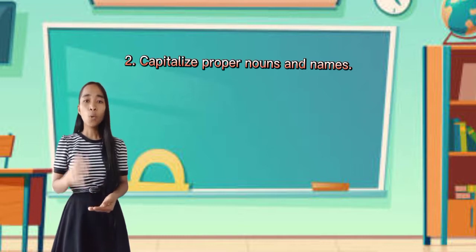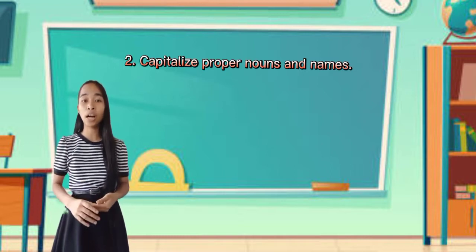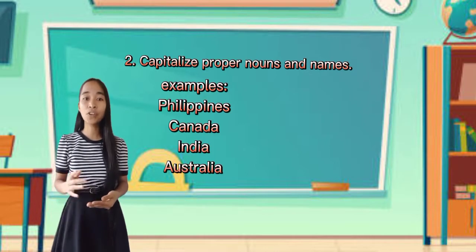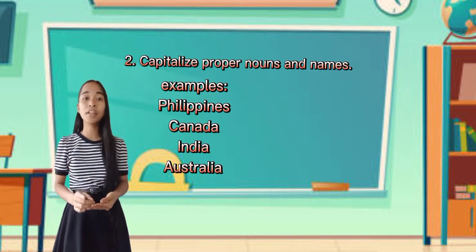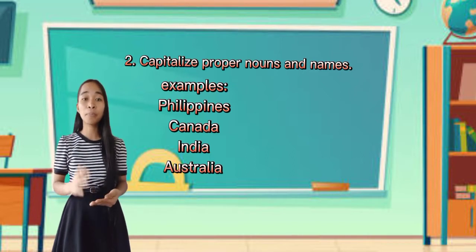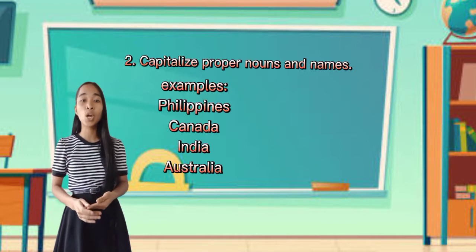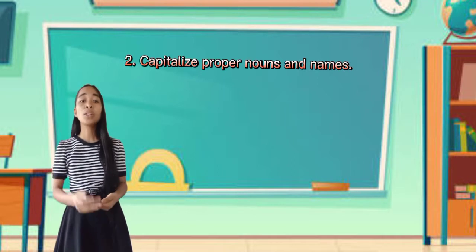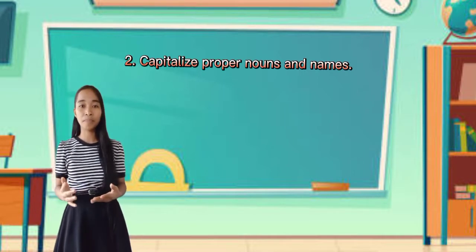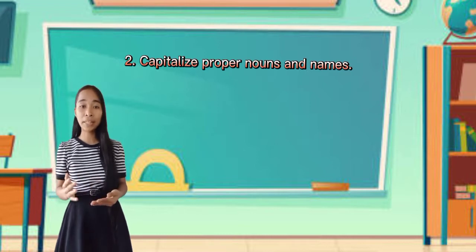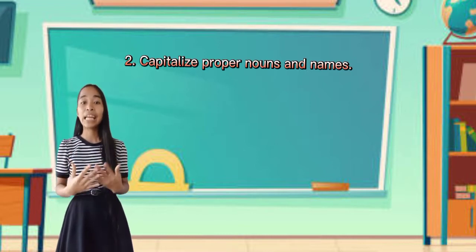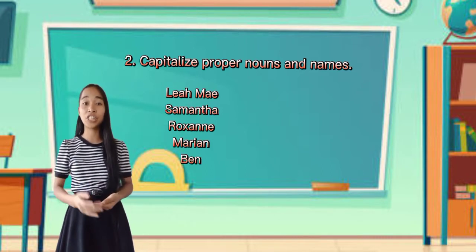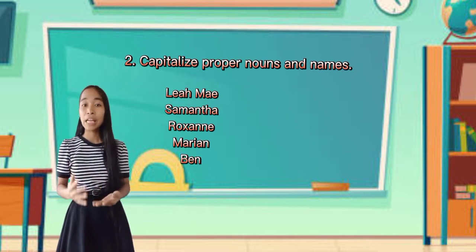Example, when we write the name of a country like Philippines, Canada, India, Australia, we should always remember that a proper noun should always begin with a capital letter. Another example, when we write our name, it should begin with a capital letter, like my name, Leia May, Samantha, Roxanne, Marian, Ben, etc. Because our name is a proper noun.